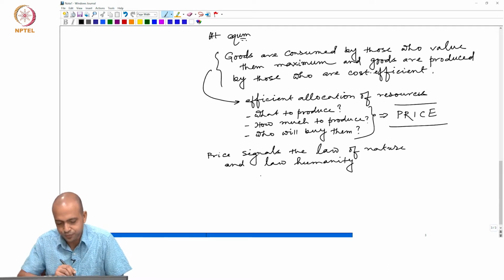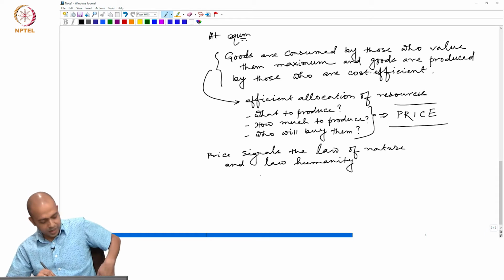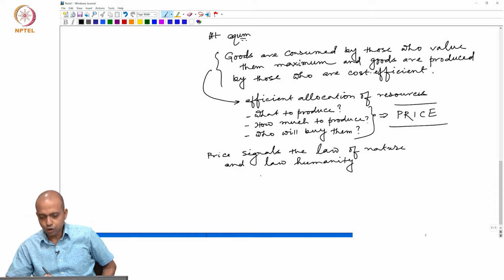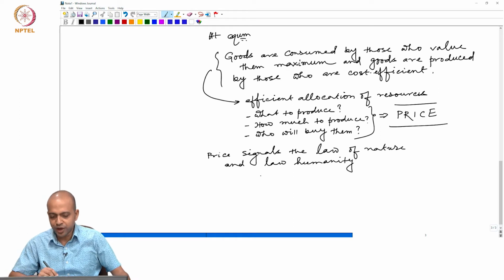This is very interesting. Price signals about the law of nature and the law of humanity.